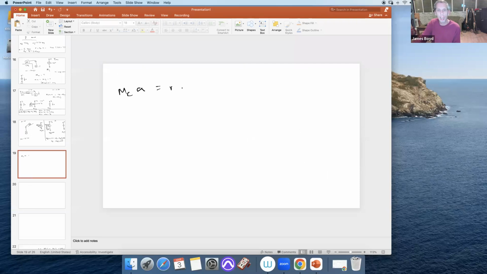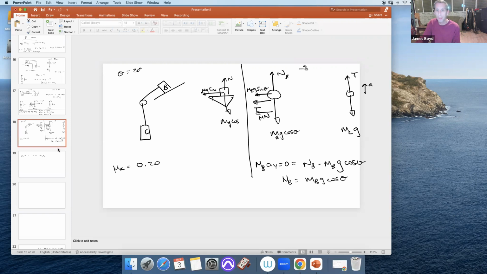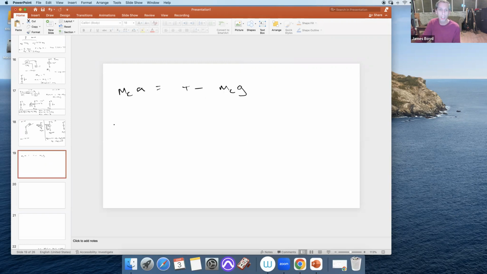It's T minus m c g. Looking at my book, there's no force pulling it upward. So m b a is negative T, negative m b g sine, negative mu m b g cos. This is the force of friction that was mu n.